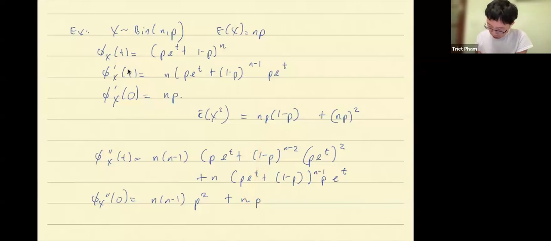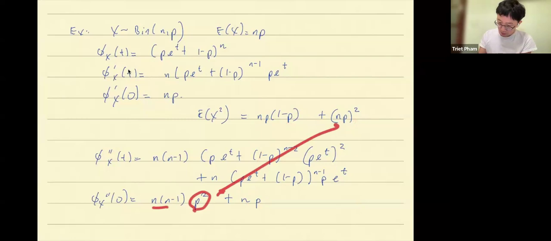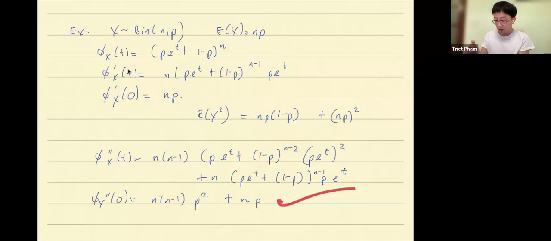Oh, wait, hold on. Yeah, np minus np squared plus n squared p squared. So that's np here, and n squared p squared is this part, and then minus np squared is this part. So yeah, it's correct.